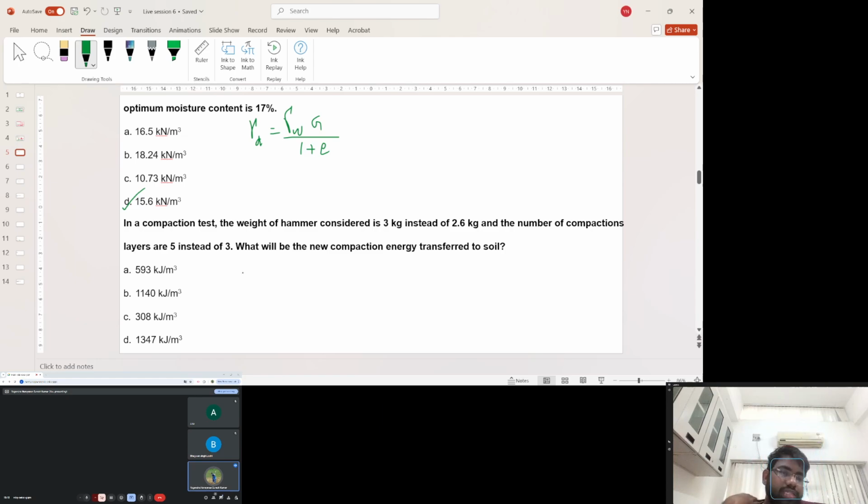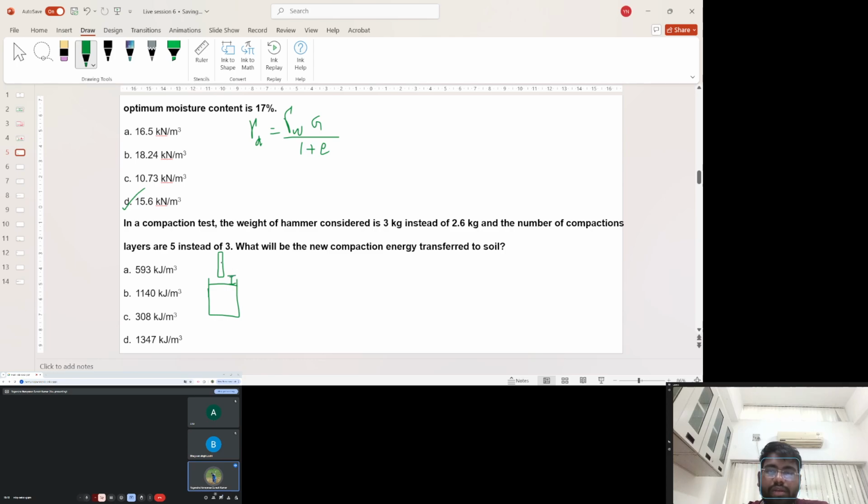It is based on simple conservation of energy. If we consider a soil sample is kept, you are filling it, and a hammer is there. It is lifted to a particular height. The height here is not changing.